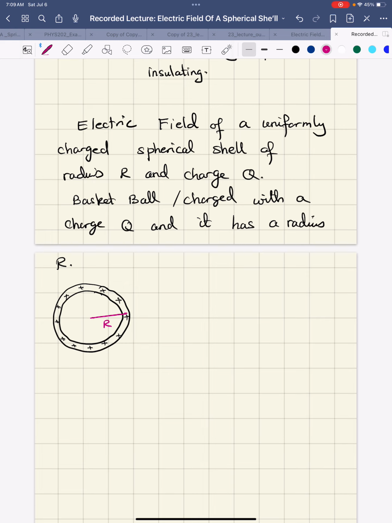Here there are two regions. One of them is when r is less than R, and number two is where r is greater than R.